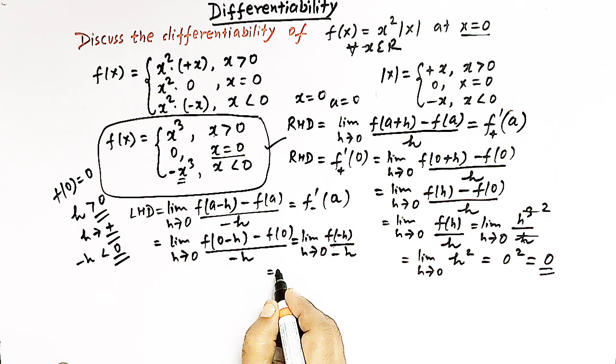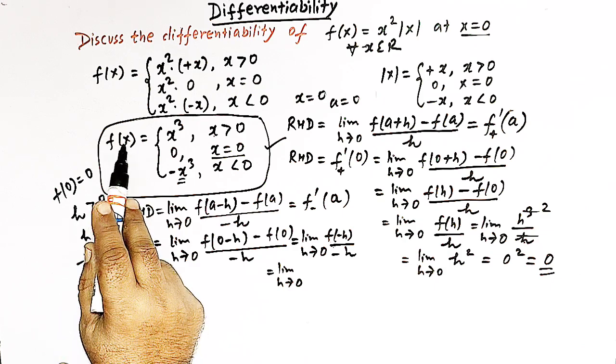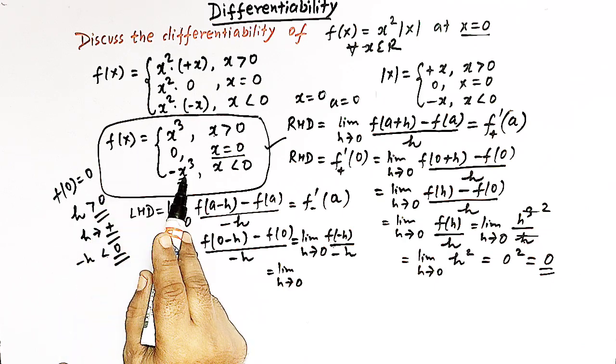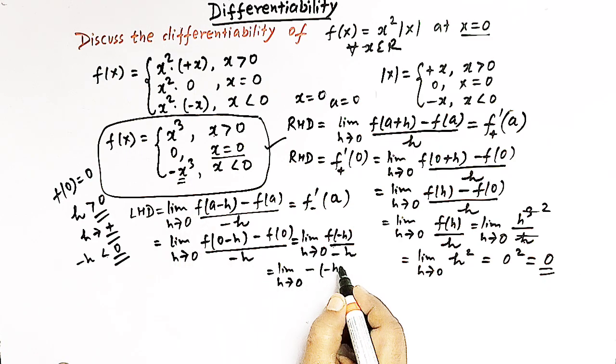So we can now write limit h tends to 0, and f of minus h can be obtained by taking x equal to minus h in this expression. So we have negative of minus h, and here we have cube, divided by minus h.